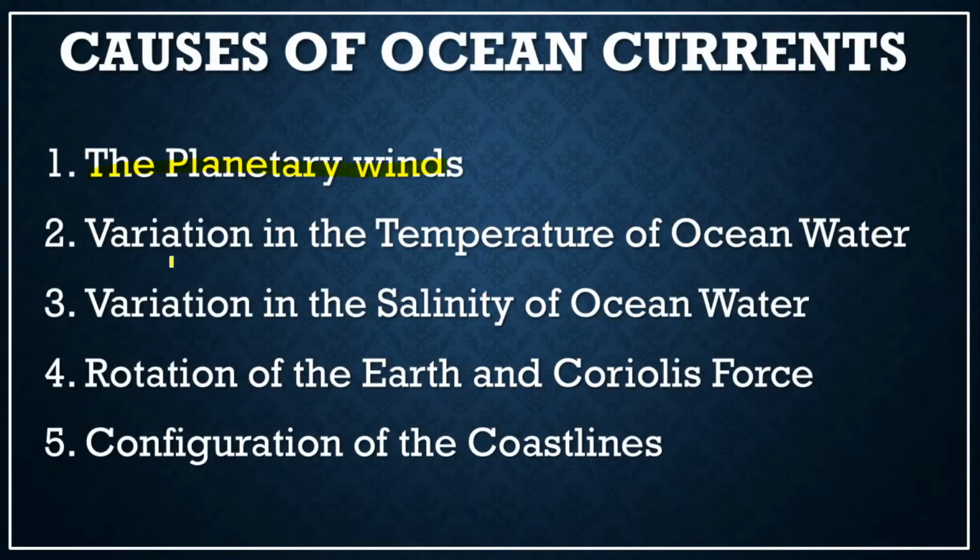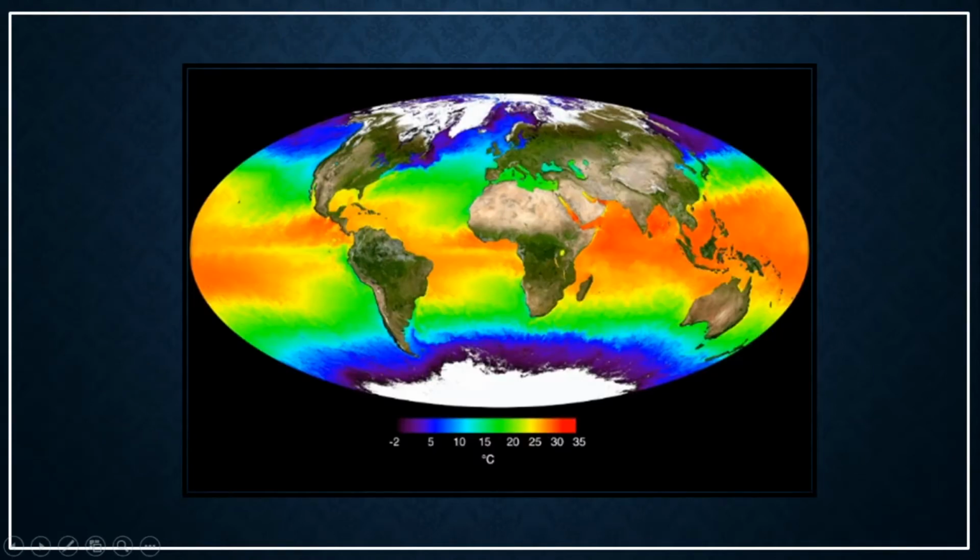The second important cause is the variation in temperature of the ocean water. So, everywhere we do not find the same type of temperature. From this particular map, you can see some areas are having very high temperature while other areas are having very low temperature.